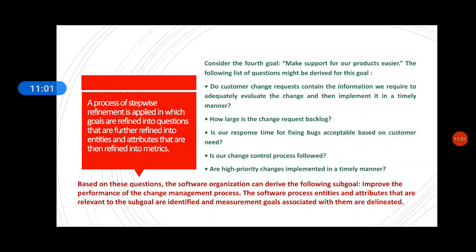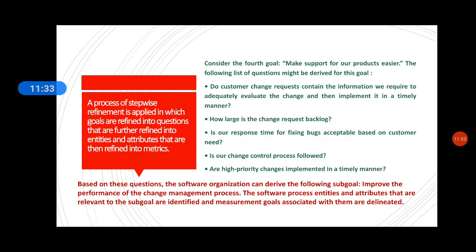Consider the fourth goal: make support for our products easier. The following are the list of questions that can be derived for this goal. Do customer change requests contain the information we require to adequately evaluate the change and then implement it in a timely manner?